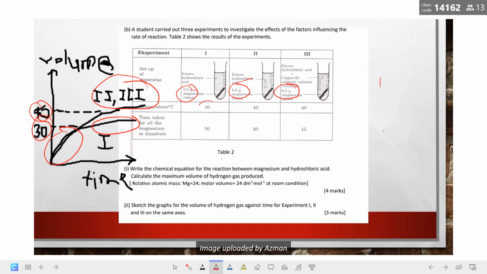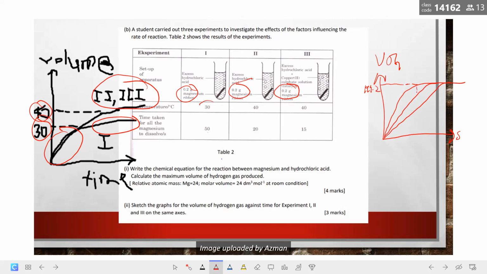Azman, do you get teacher or not? Yes. So if volume of gas is here, and here is my time per second, this is my experiment 3, then this is my experiment 2, then this is my experiment 1. This will be 199.2.